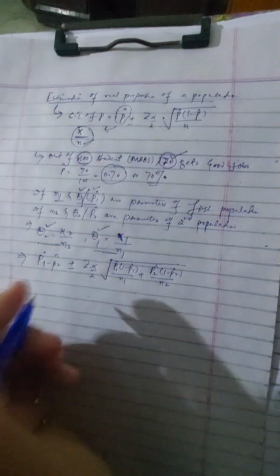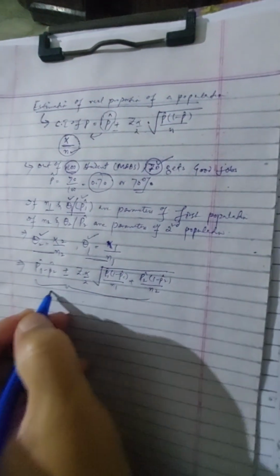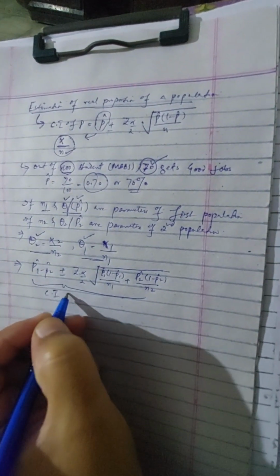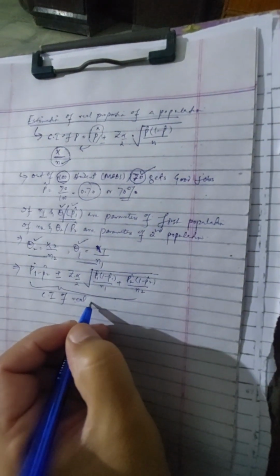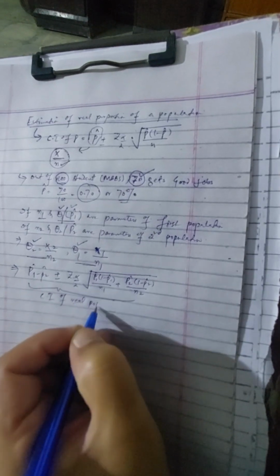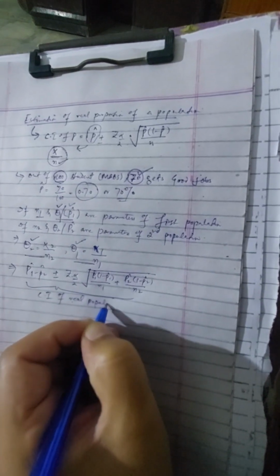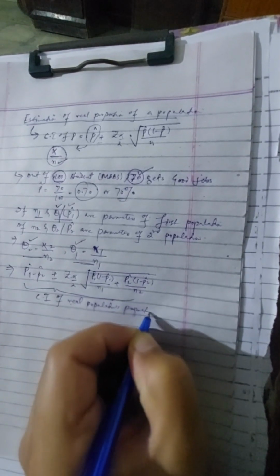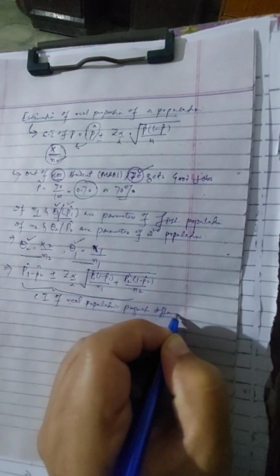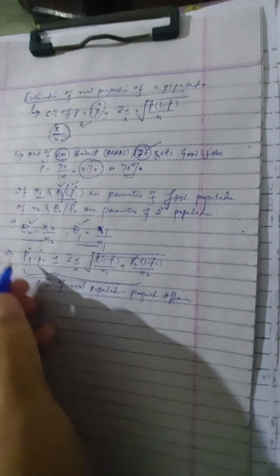So this is the confidence interval of the real populations' proportion difference, okay.